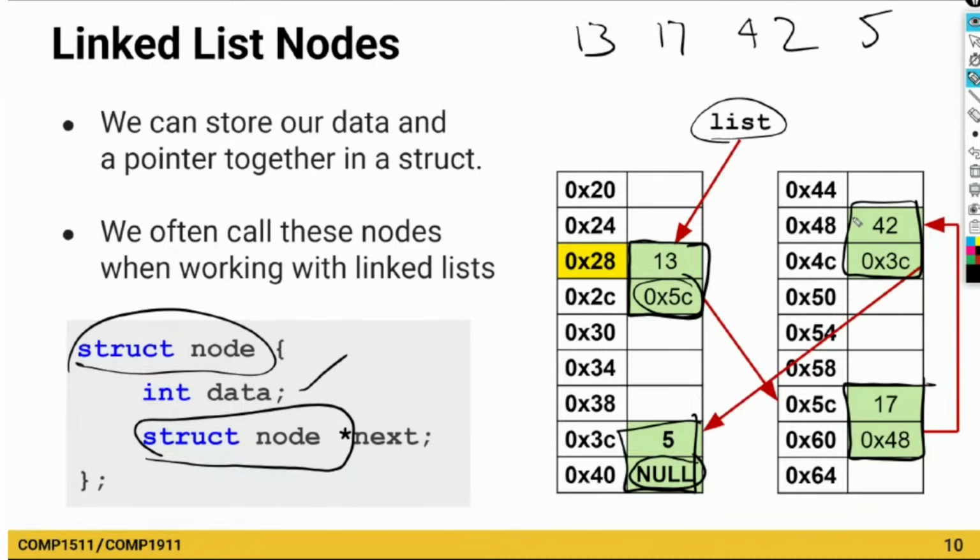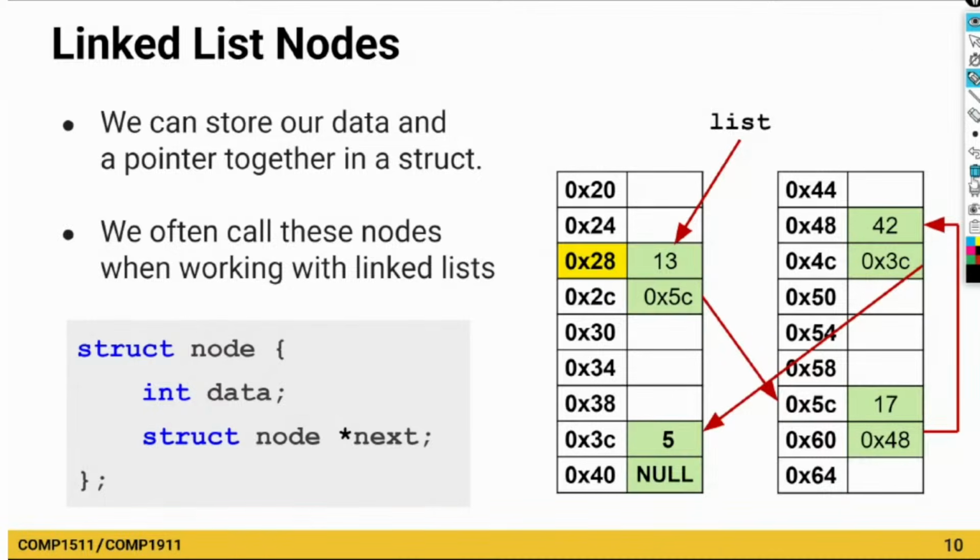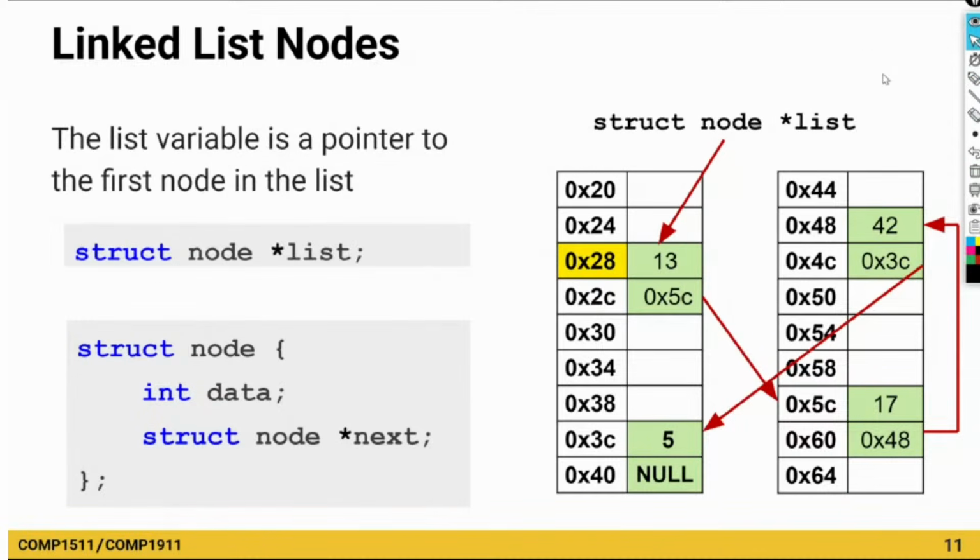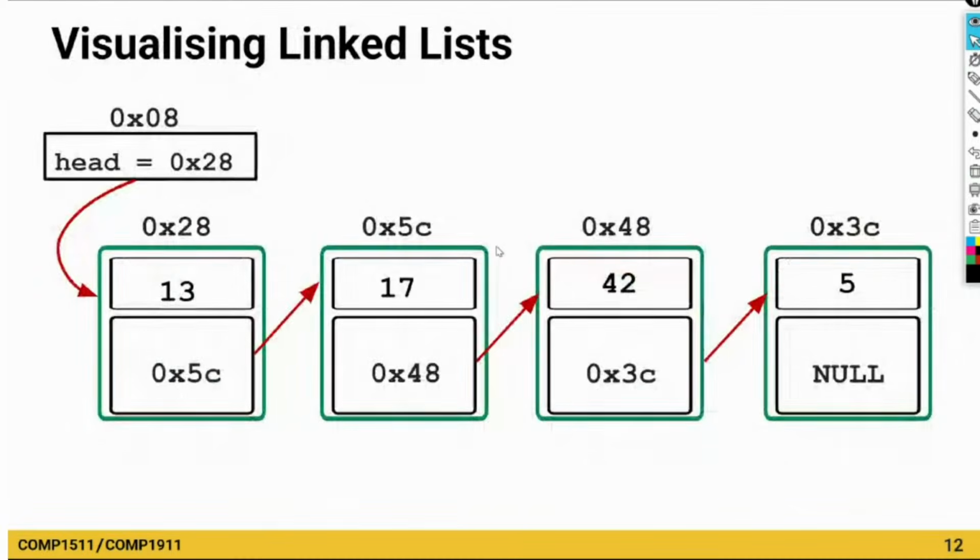So this is imagining we've already created this linked list, but that's how we have to work through them. We can only ever start at the beginning and go one by one because each node knows where the next node is. All right. So this is our struct node list. It's just an address that eventually will have the first node's address in there.